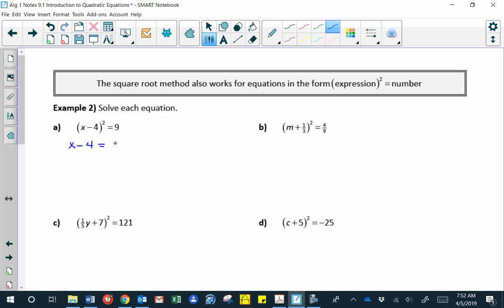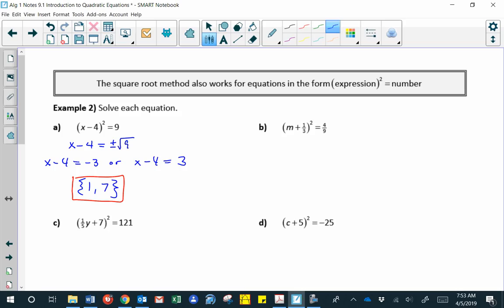If we undo the squaring on the right, we get plus or minus the square root of 9. So now let's separate that into two equations. x minus 4 is negative 3, or x minus 4 is positive 3. If we solve each one of these equations by adding 4, we're going to get solutions of 1 or 7.